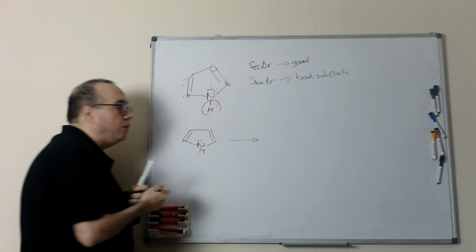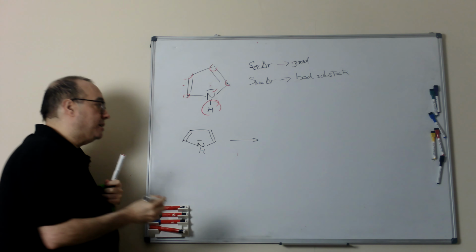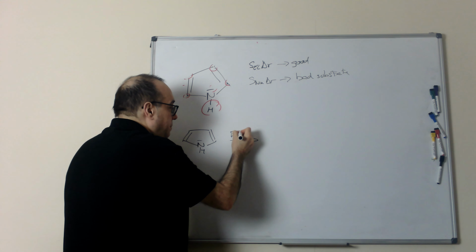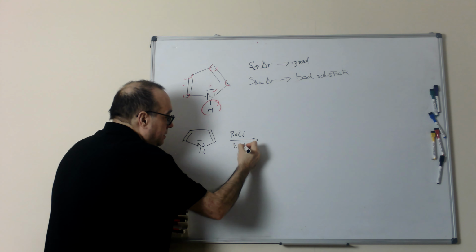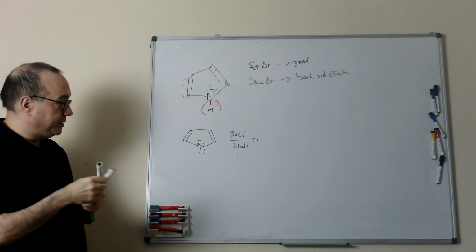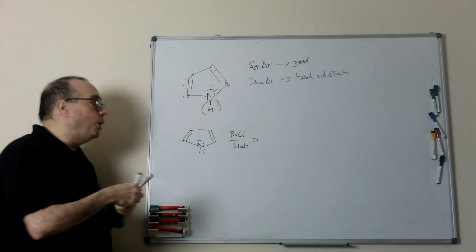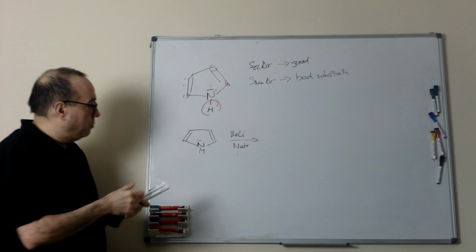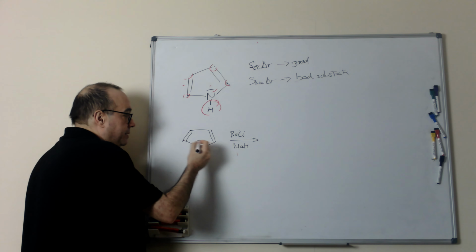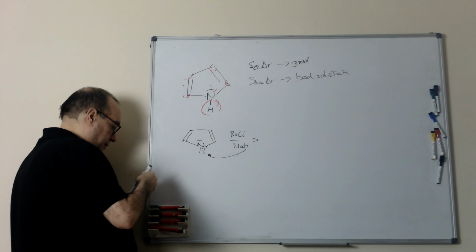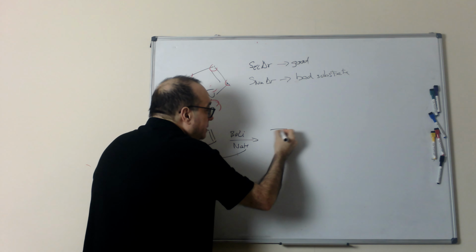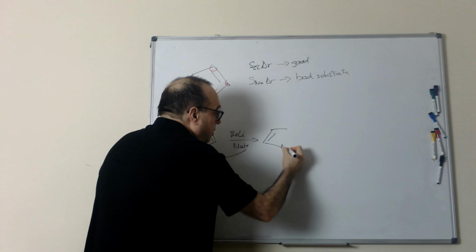By adding a strong base, for example butyllithium, or even sodium hydride, tert-butyllithium, LDA, all the options that you know. This will take the hydrogen and we will get the anion of the pyrrole.